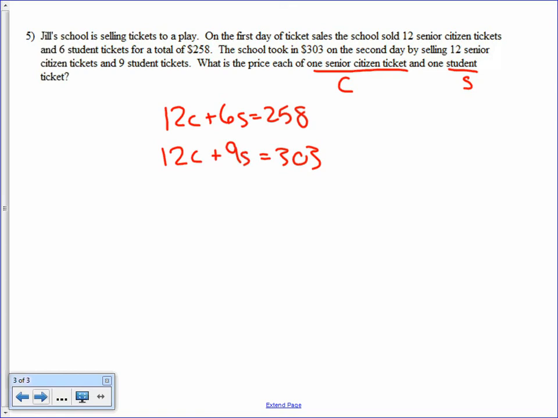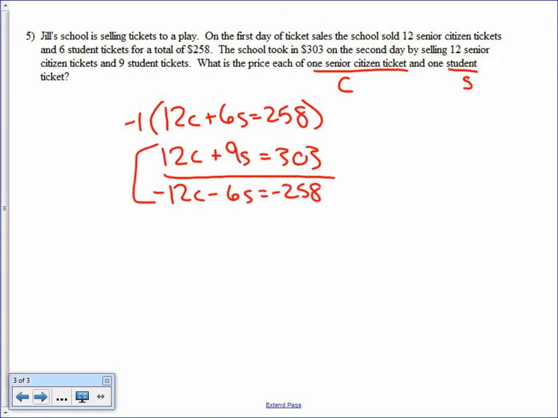You can use substitution if you want, but usually with these kinds of problems, elimination is going to be your friend. Let's make the top one negative this time. So multiply that one by negative 1. So I have negative 12C minus 6S equals negative 258. Adding these two together, we'll get 9S minus 6S, that'll give me a 3S.